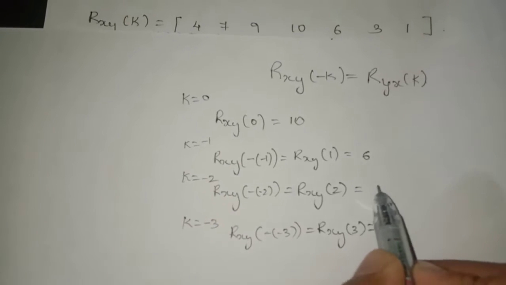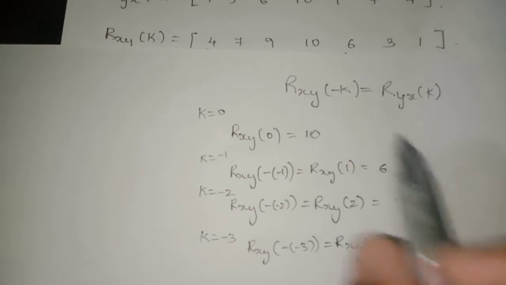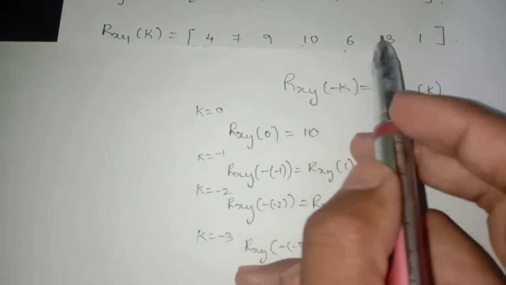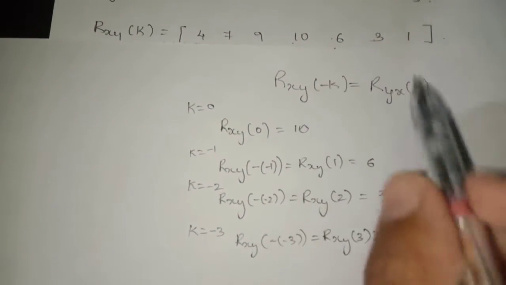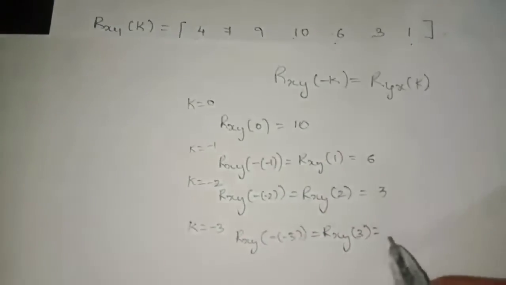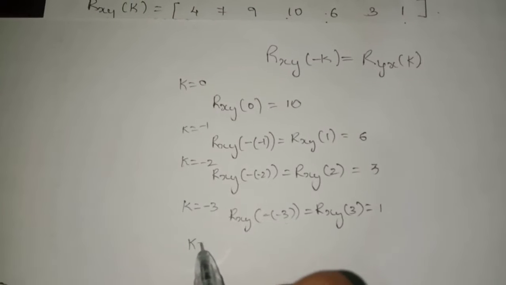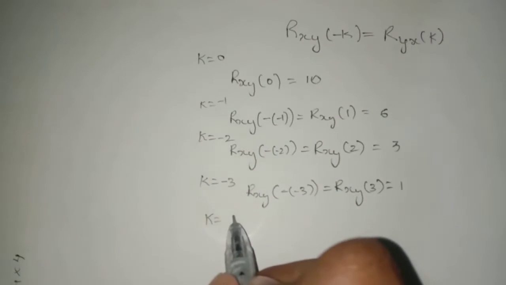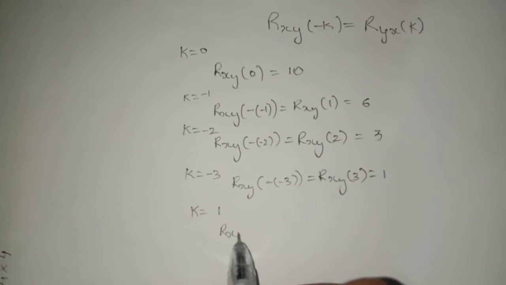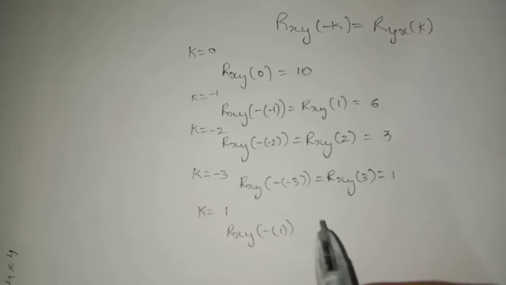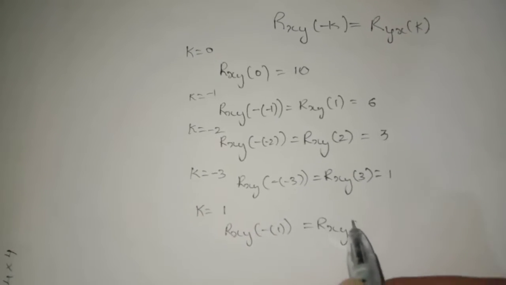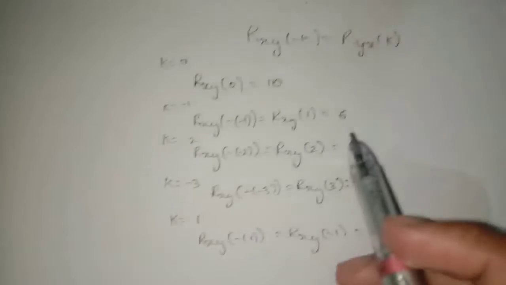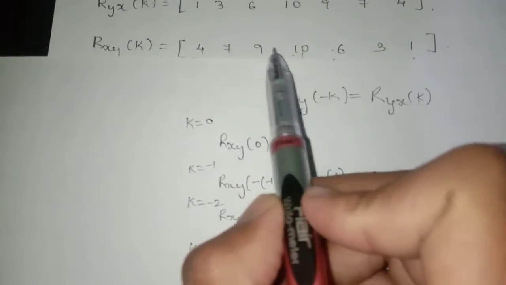This is 0, 1, 2, then 3. Then Ryx of 3 will be 1. So then substituting k as plus 1, Rxy of 1 will be Ryx of minus 1. So Ryx of minus 1 is 9.